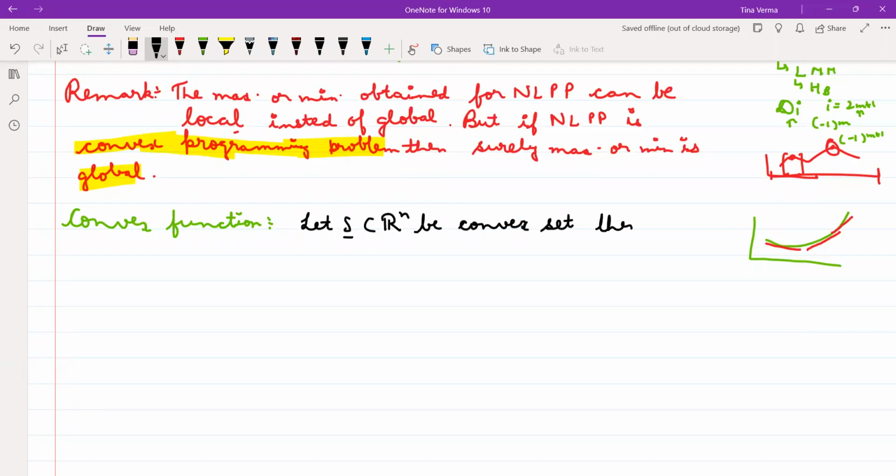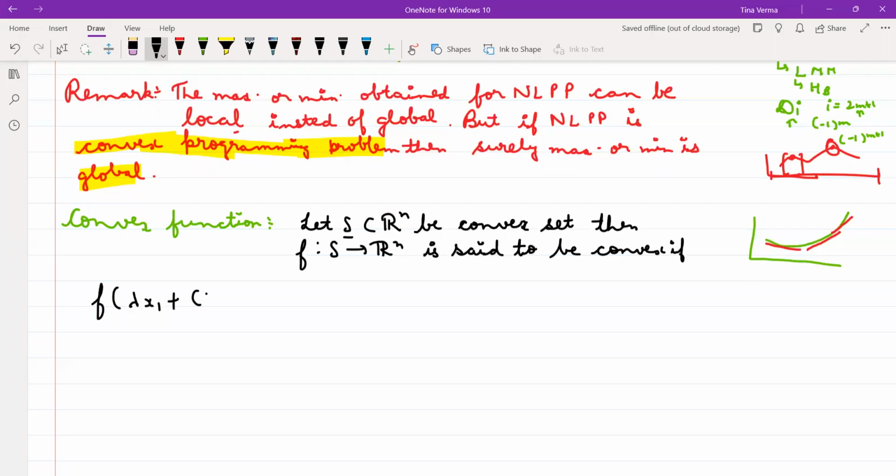Then the function f from S to R is said to be convex if it holds this condition: f of lambda x1 plus 1 minus lambda x2 is less than or equal to lambda f(x1) plus 1 minus lambda times f(x2).